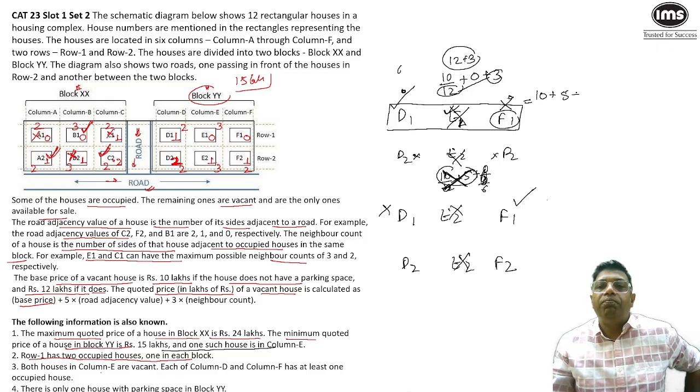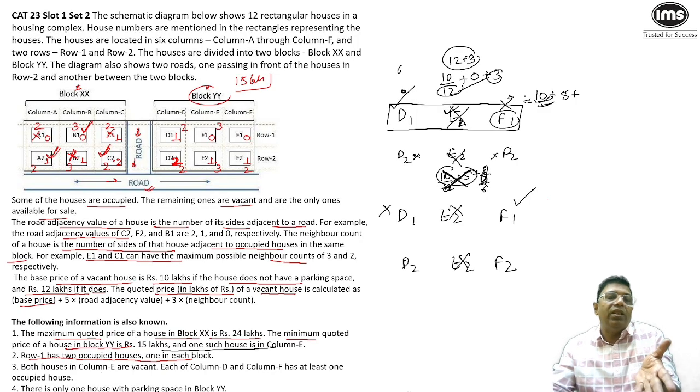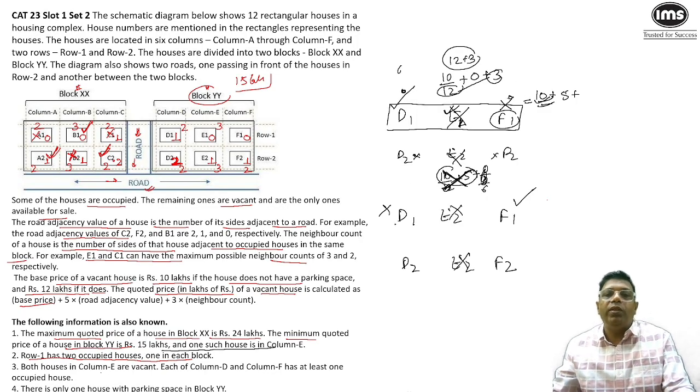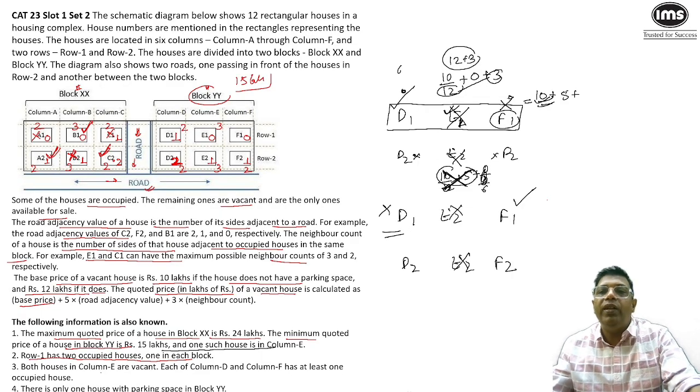And the neighbor count will be, so I think this is fair enough, not a problem, because you should not have a price less than 50. What about this case? If you take D1 to be empty, what is going to be its price? Oh, I'm sorry. F1 does not have a road adjacency value of 5. We have to take F1's road adjacency value to be 0.